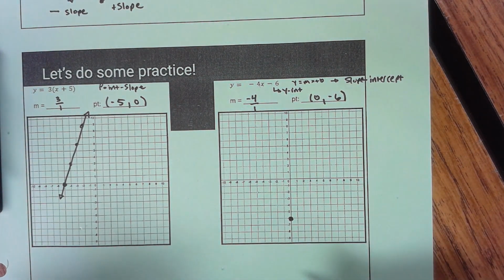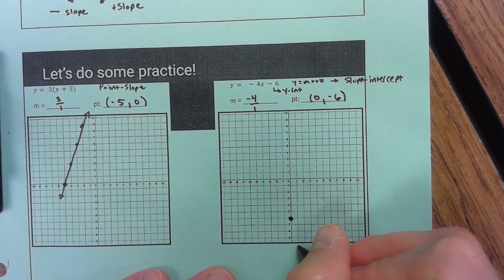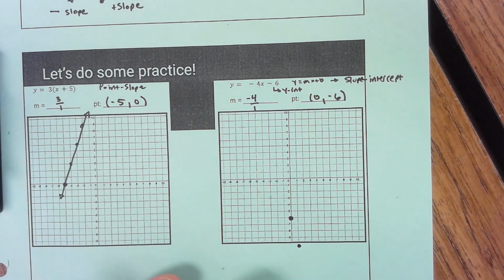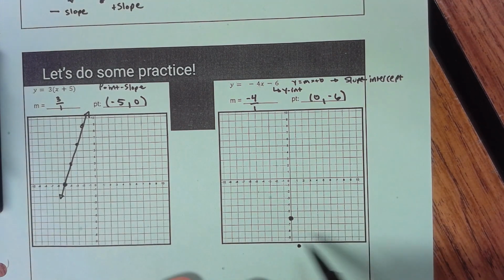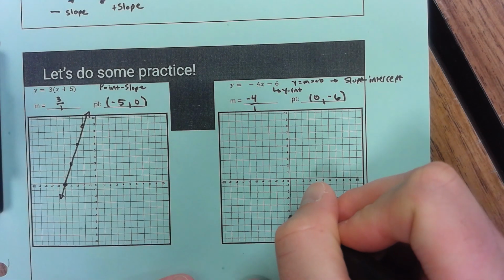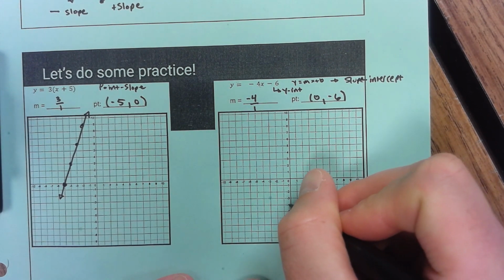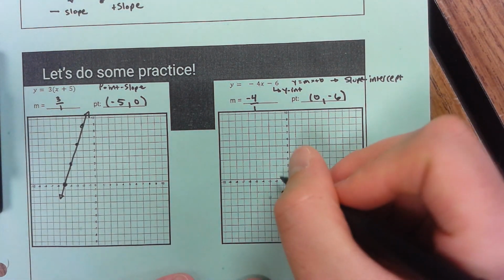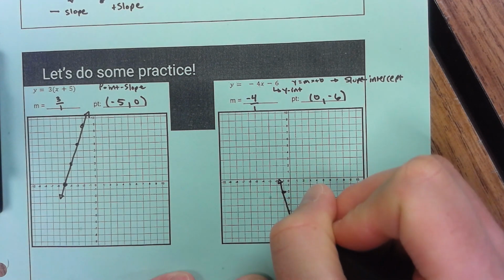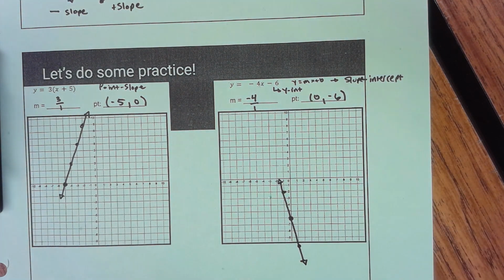It takes me slightly off the graph, but that is okay. So going down 4, right 1 allows me to get that negative slope. And I could also go the opposite way and go up 4 and left 1. And there I get my 3 points that I'm asking y'all to come up with.